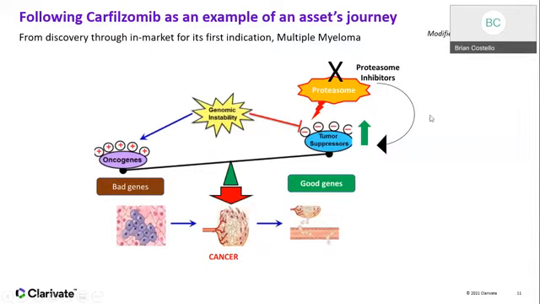In the cell, the cellular machinery, the proteasome acts as a kind of garbage collector or recycling of damaged proteins. In cancer, because the oncogenes are upregulated, it causes increased degradation of the tumor suppressors by the proteasome.